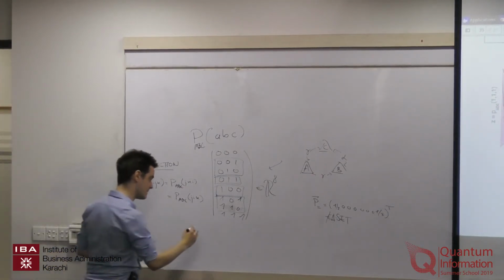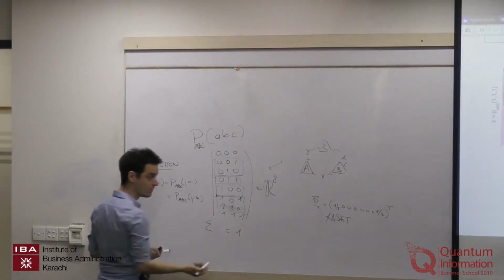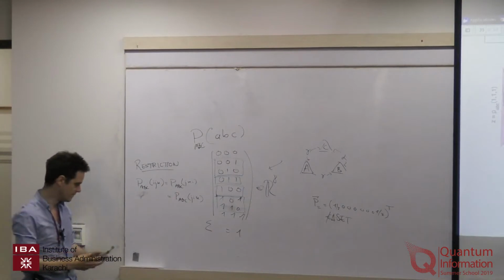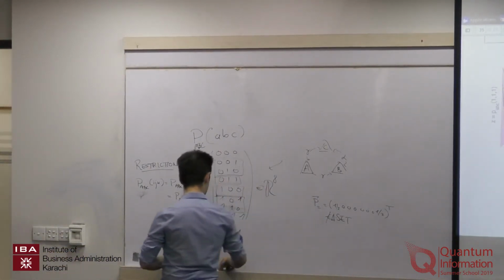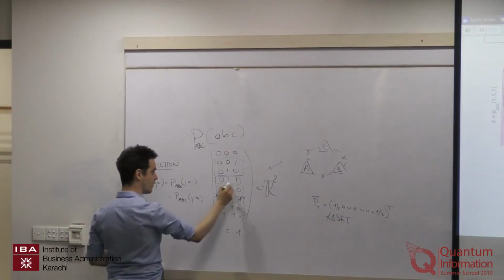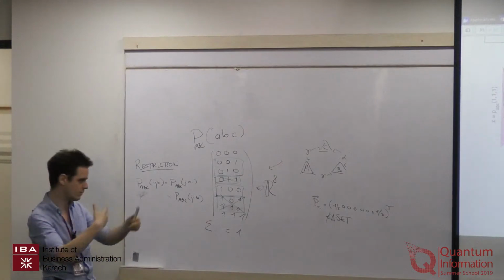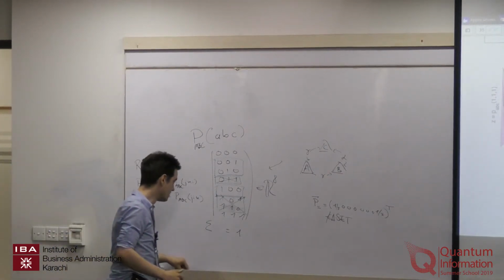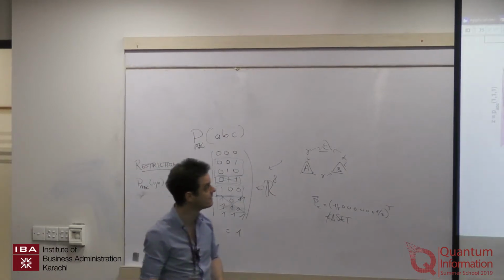But I know that the sum of all these coefficients is equal to 1. So I'm just forgetting about the green, because I don't need to plot it; I can always recover it from the other ones.